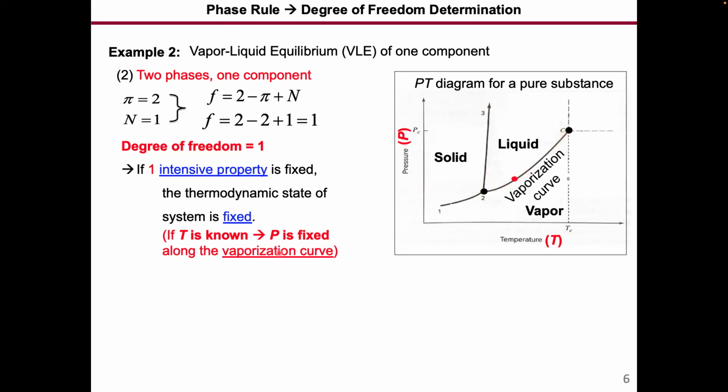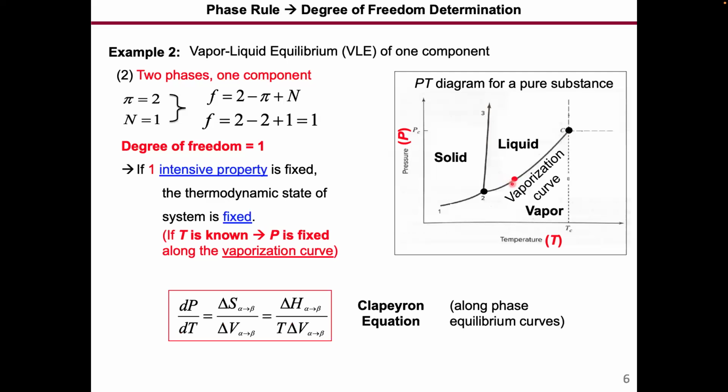So in this particular case, when you analyze a system going through or reaching a vapor liquid equilibrium, you really only need to know temperature or pressure to define where it is on this PT diagram, okay? All right, and then more specifically, we're not going to go through the derivation, but on this PT diagram, these equilibrium curves have a slope.